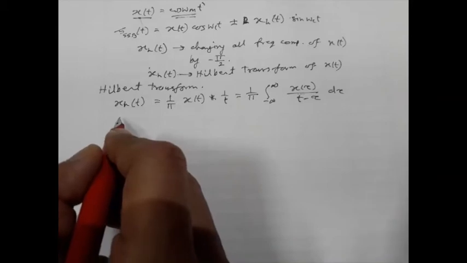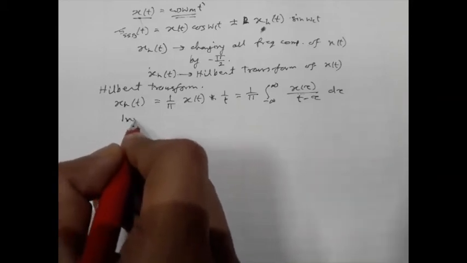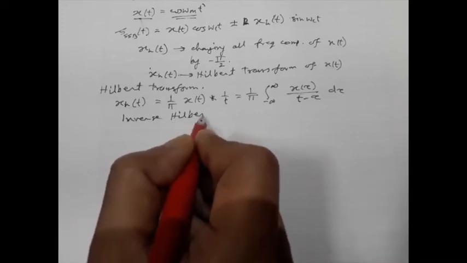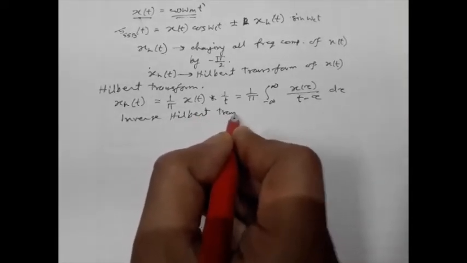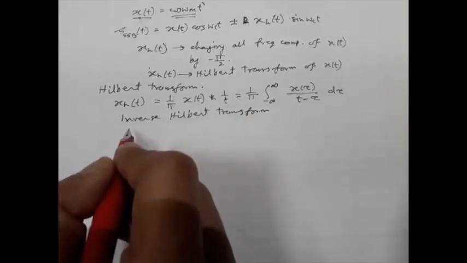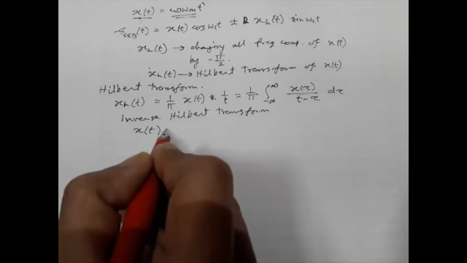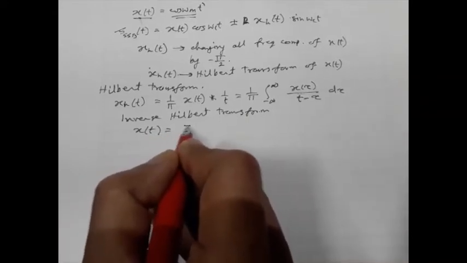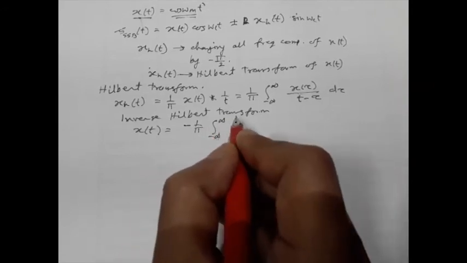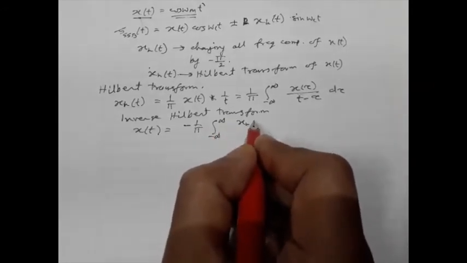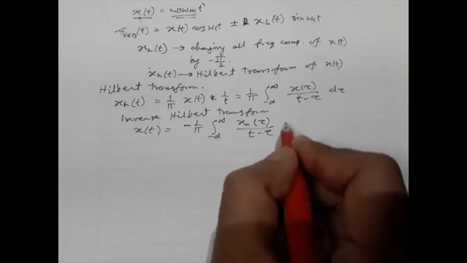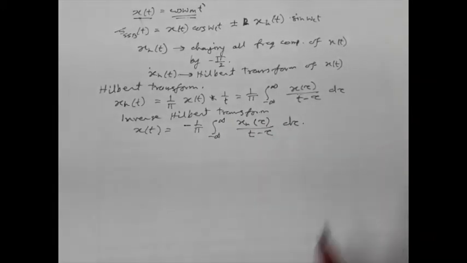Inverse Hilbert transform is defined as xt equal to minus 1 by pi minus infinity to plus infinity xh tau by t minus tau d tau.